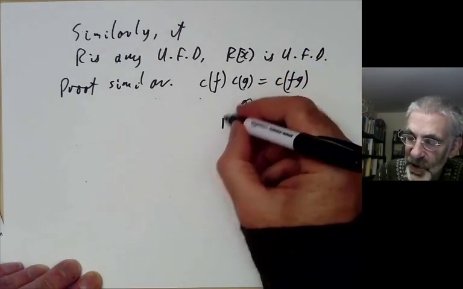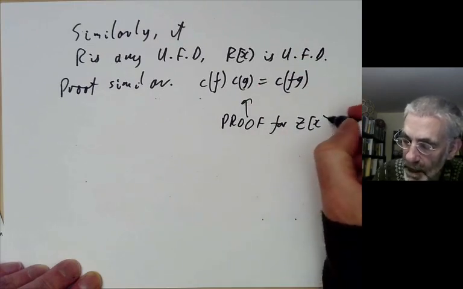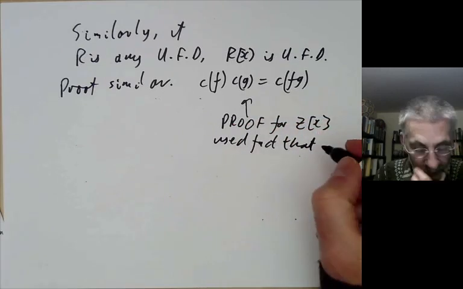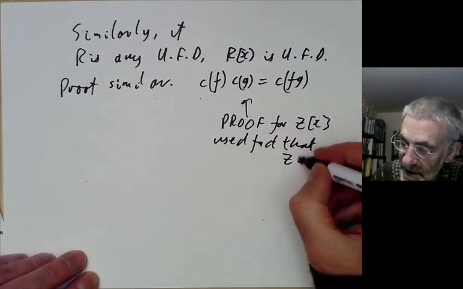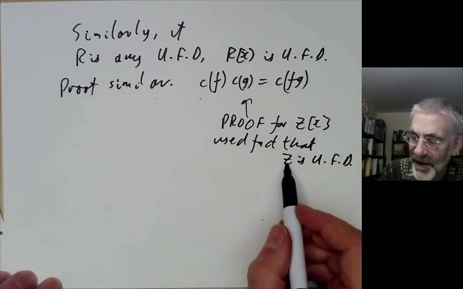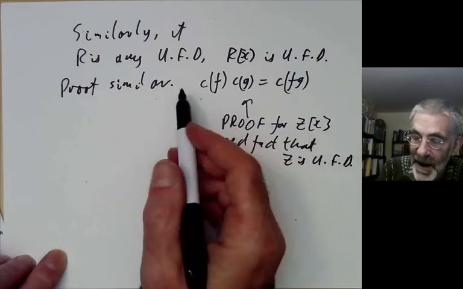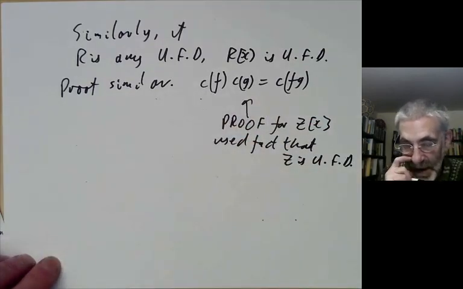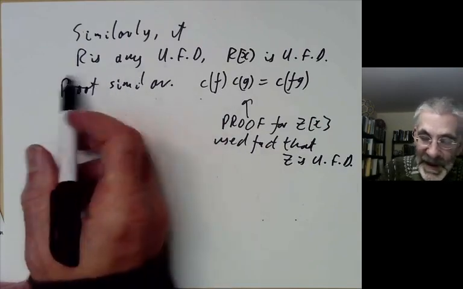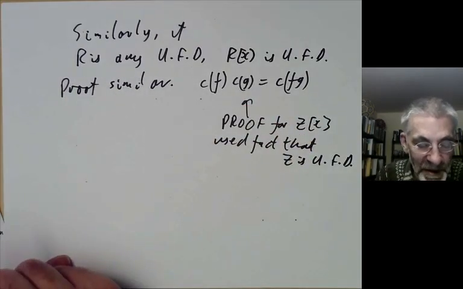And you recall that the proof of this for Z[x] used the fact that Z is a unique factorization domain. And in fact, this turns out to be essentially the only fact about the integers we used in the proof. We just need to know it's a unique factorization domain. And the proof of this just goes through for any other unique factorization domain, and we can just copy the proof and see that polynomials over a unique factorization domain form a unique factorization domain.